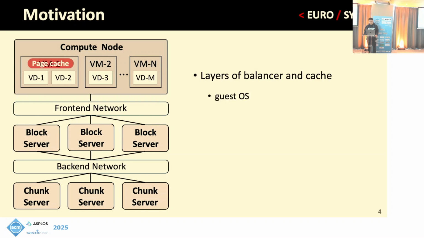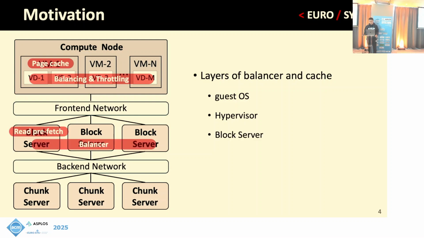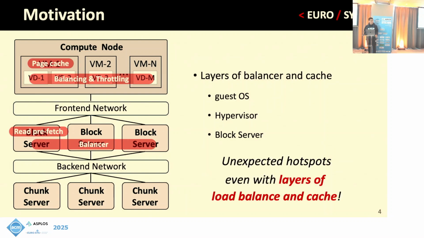And in the hypervisor, we deploy a load balancer and a rate limiter to manage the VD traffic. And in the block server, we design a prefetch cache for the read traffic, as well as an inter-block server load balancer. But even with these mechanisms, we still run into some unexpected hotspots. In this work, we aim to dive into how these hotspots emerge and what we learn in fixing them.